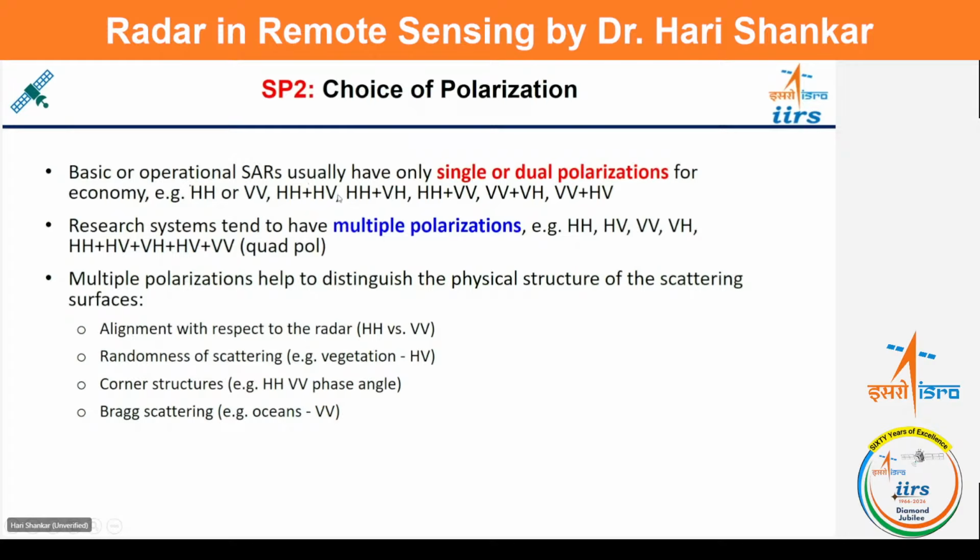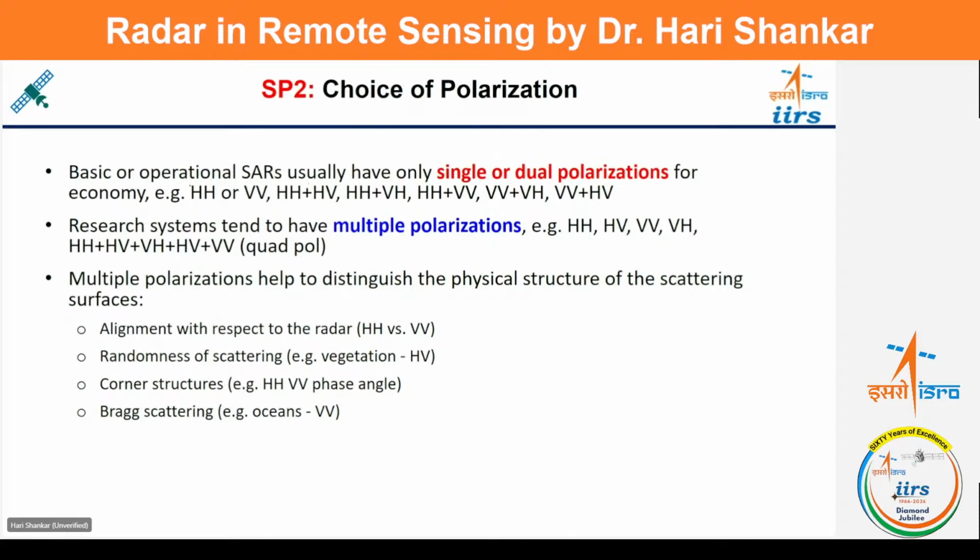You can see in each combination two polarization channels are involved. That is why this data set is called dual pole data. Similarly VV and VH, VV and HV: two polarization channels are combined. There are satellites which can provide the data in HH and VV, two polarizations also, and those data sets are called dual pole data sets.